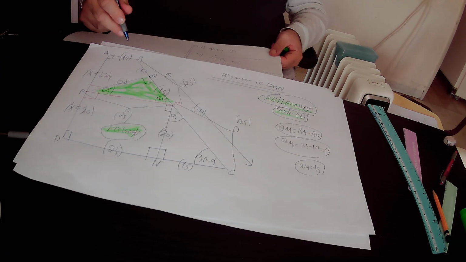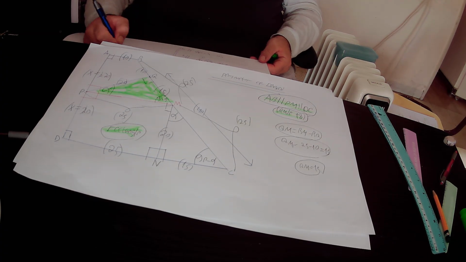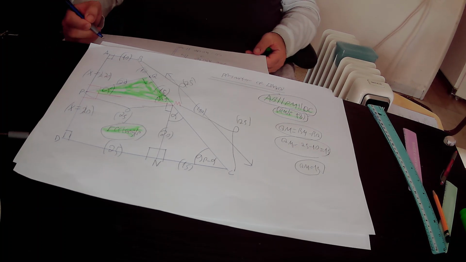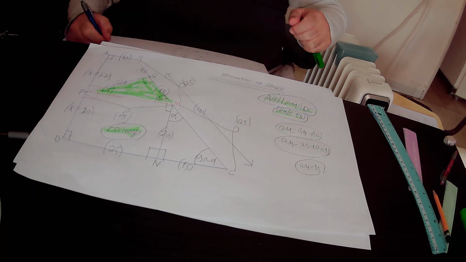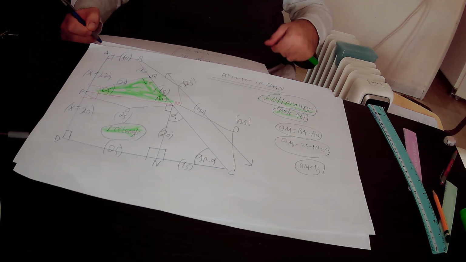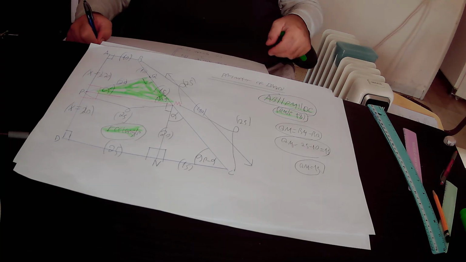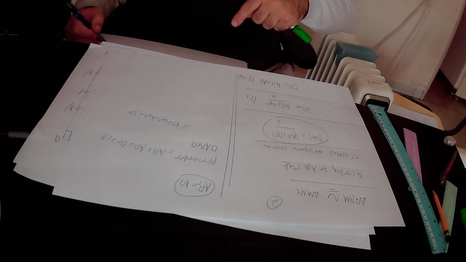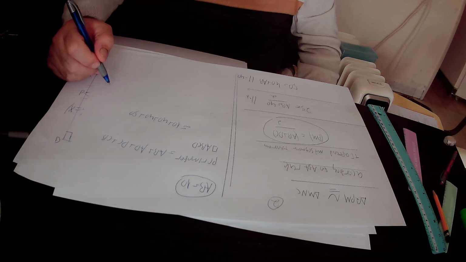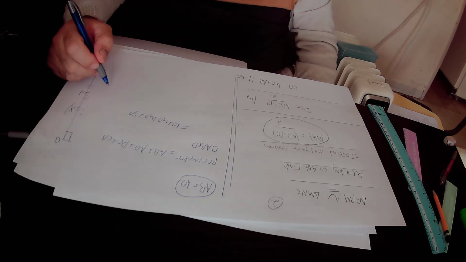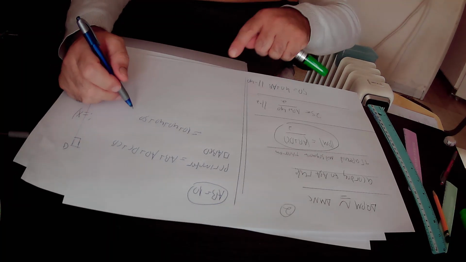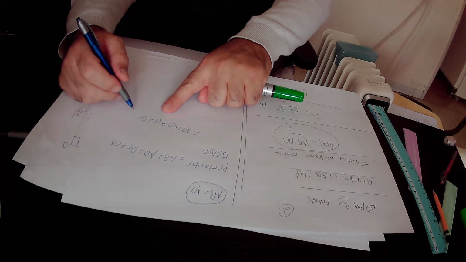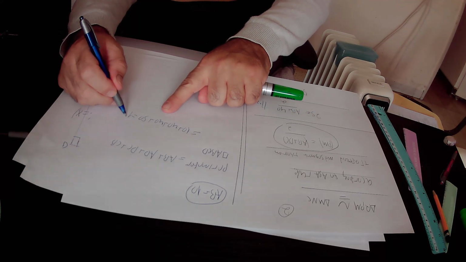So it is equal to AB, that is 10, plus AD, that is 40, plus DC, that is also 40, plus CB, that is 50. So in total, we found out that the perimeter of quadrilateral ABCD equals 10 plus 40 plus 40 plus 50. 10 plus 40 is 50, and 50 plus 40 is 90. 90 plus 50 is 140.